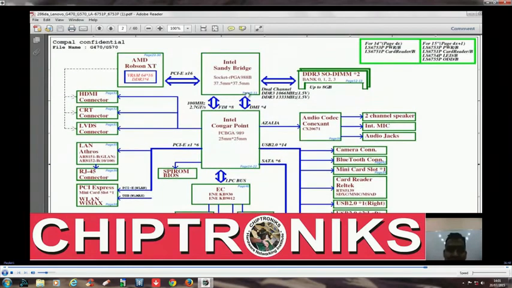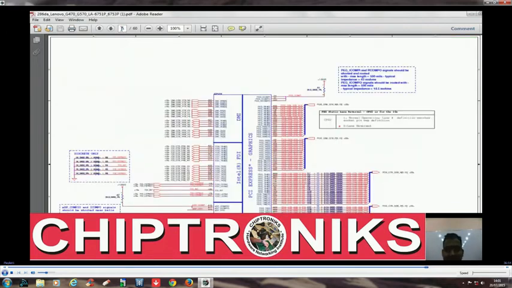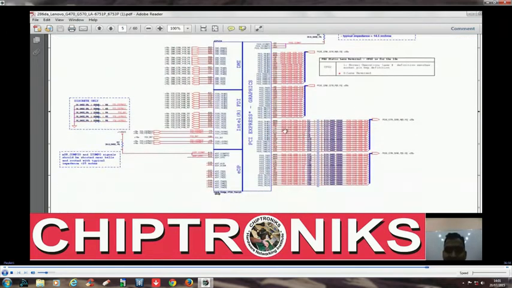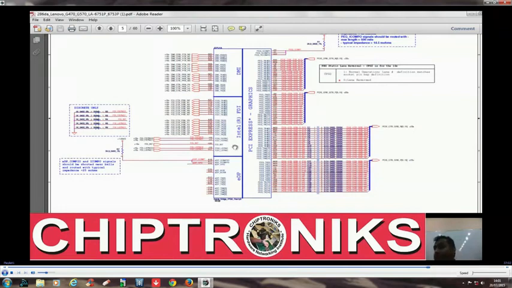Similar to the DV2000, this is written 5 to 11, which means the processor is described between page number 5 and page number 11. As you see, DMI, eDP. As I said, eDP is embedded display port. This is a newer technology, much more advanced than LVDS technology, ensuring fewer wires and therefore a better quality picture.